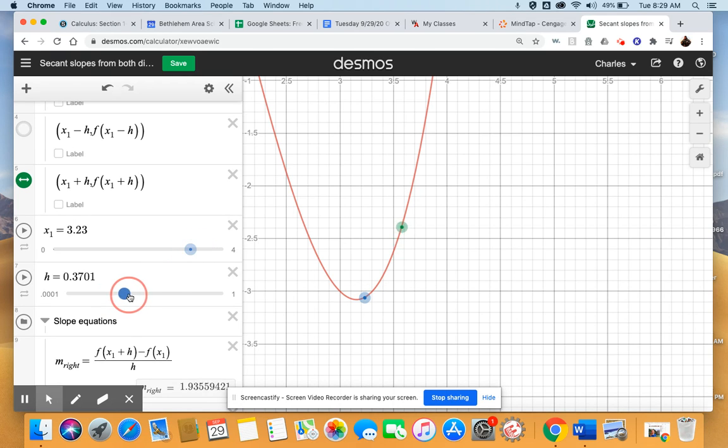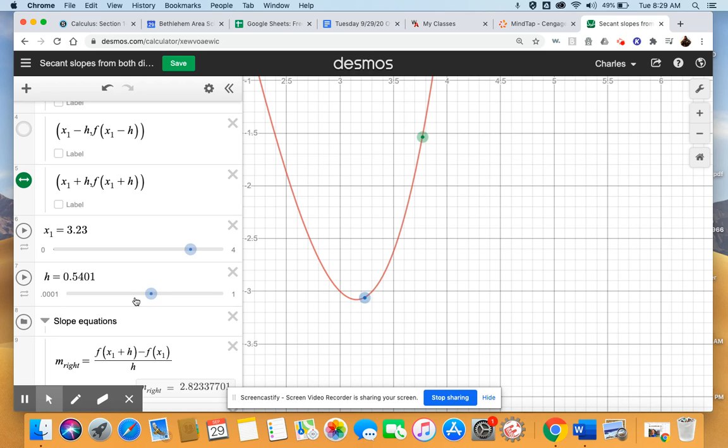And we have a slider for h that will move that point and tell you how far apart it is from one x value to the next x value. So when this point happens to be 3.23, and we say that the h difference is 0.24, then you would know that this point's x value is 3.47 because it is that far away from it. So we're going to go ahead and move that one out a little bit.